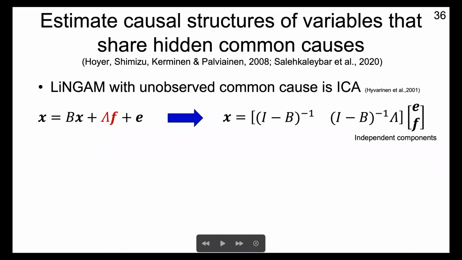And from the results of the field of independent component analysis, this coefficient matrix can be essentially estimated. This coefficient matrix is called the mixing matrix in the field of independent component analysis.